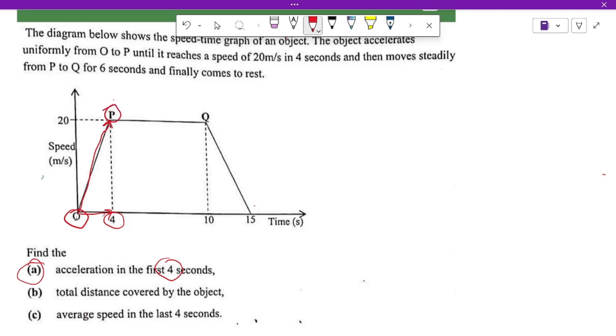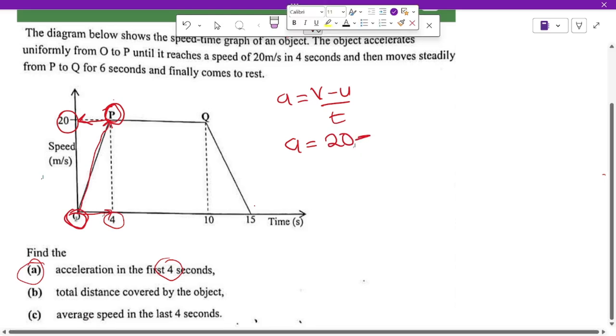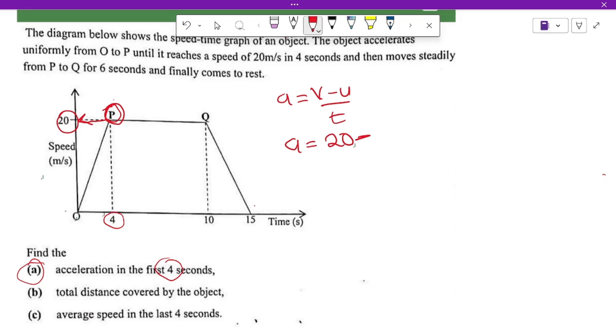So meaning you need to pick values. Remember our formula is V minus U over time. So acceleration, that is what they've asked us to find. The journey is from O to P, so the final is where the journey ends. So our V is going to be 20. Our initial is the starting speed for the journey, which started from O, so here we have a 0.